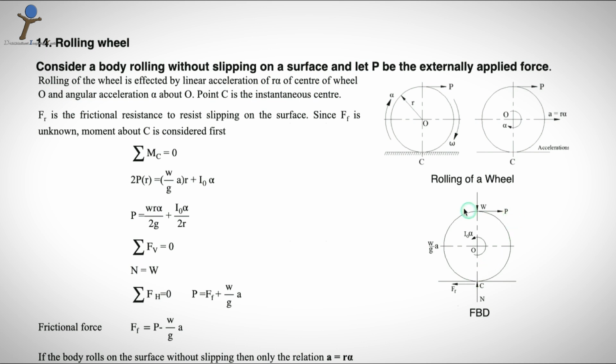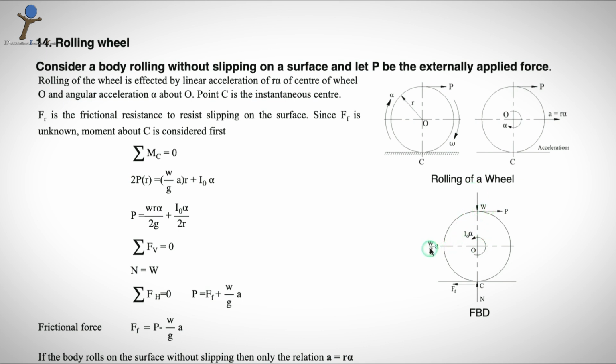So let's start taking the moments, that is P multiplied by 2R, because it is the diameter, about C. That moment is clockwise. Just assume the vector head rotating about the moment center in this direction. So it's clockwise. So sum of the clockwise moments is equal to counterclockwise moments. So I write 2 into P into R as the moment caused by applied force P. Then W does not have any role, leave it.